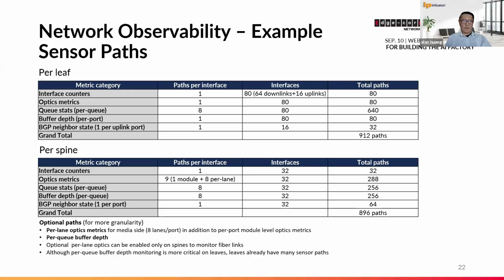These sensor paths and the information carried by them give you, the network operator, a real-time view into the link utilization, congestion, per traffic class bandwidth usage, latency, critical optical link health, and the BGP session state.